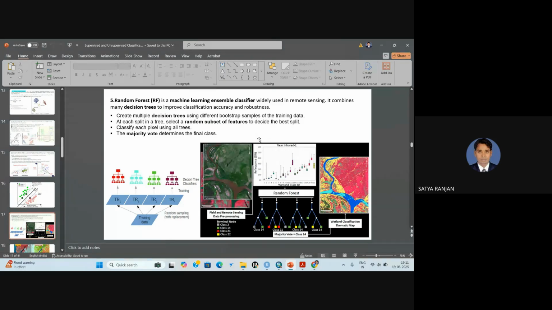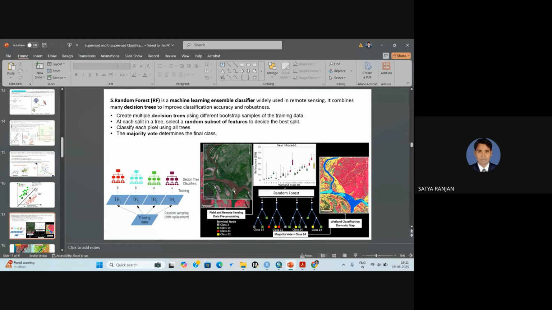Then random forest is also a machine learning classifier. It is also supervised classification, and it creates multiple decision trees using different bootstrap samples of the training data. At each split in a tree, it selects a random subset of features to decide the best split, classifies each pixel using all these trees, and a majority vote determines the final class.